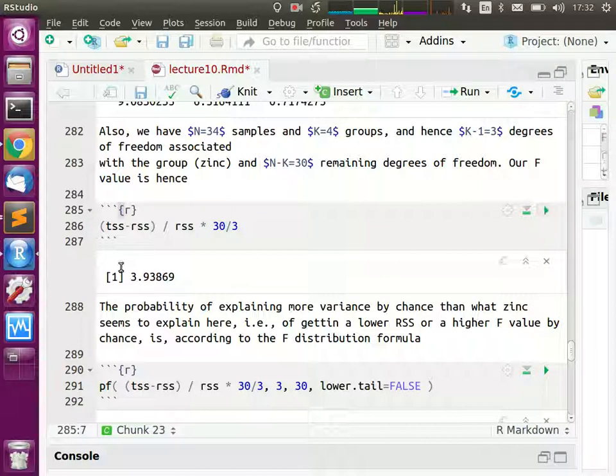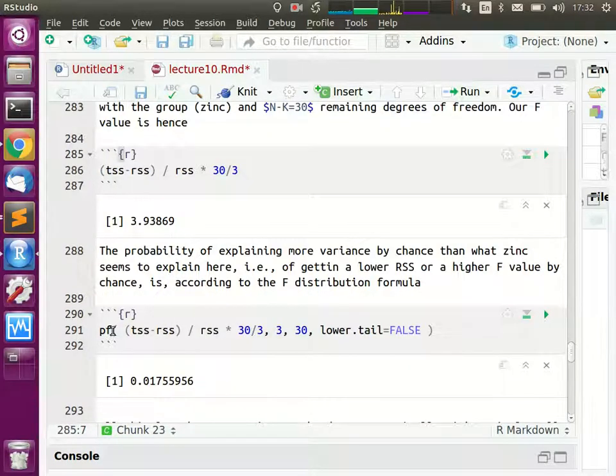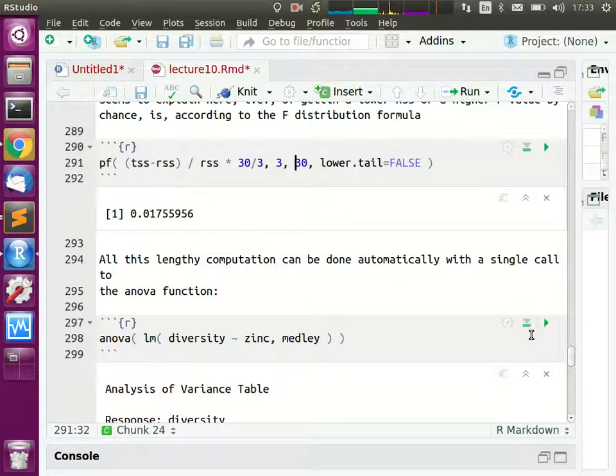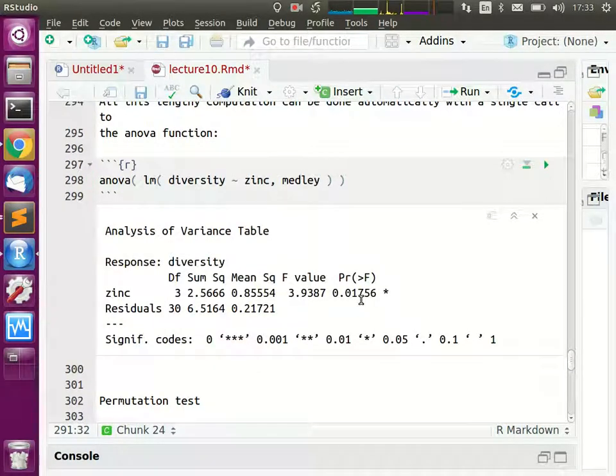And as you see, we get 3.93, and again I can take this 3.93, put it into my F statistic formula, say 3 and 30 degrees of freedom, and then it gives me this p-value, 0.016. And this is what the ANOVA table has given us before.